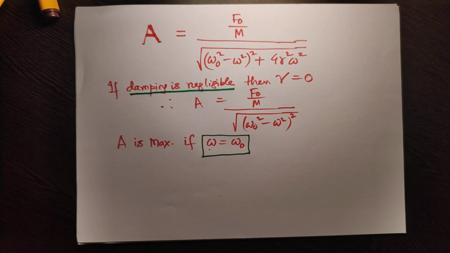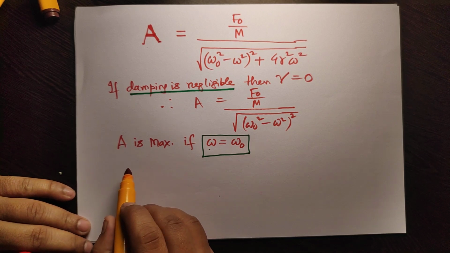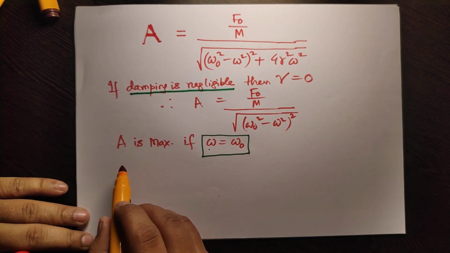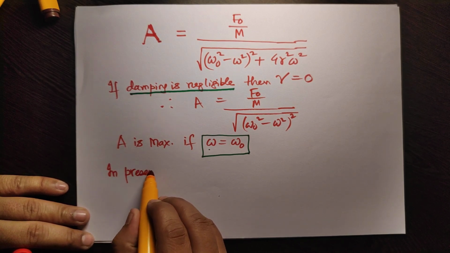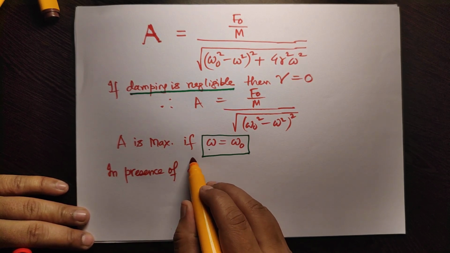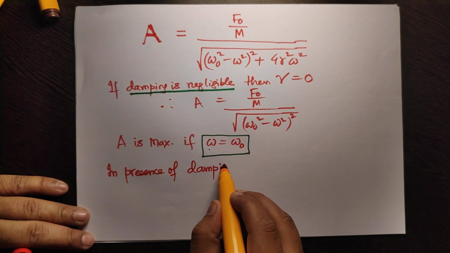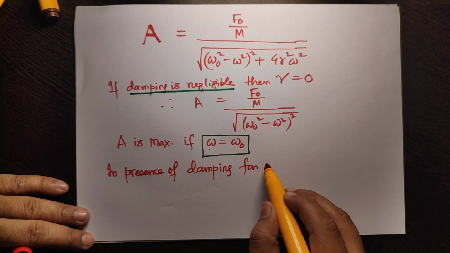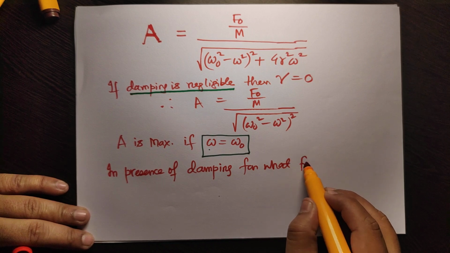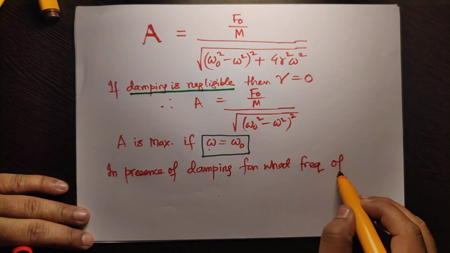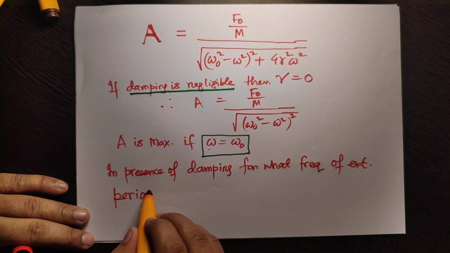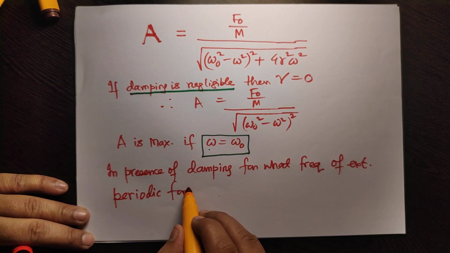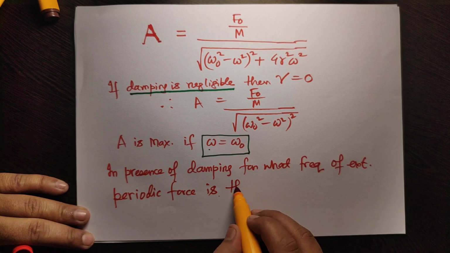But if there is damping, so in presence of damping you have to then maximize this A. So in presence of damping, say the question is for what frequency of external periodic force is the amplitude maximum.